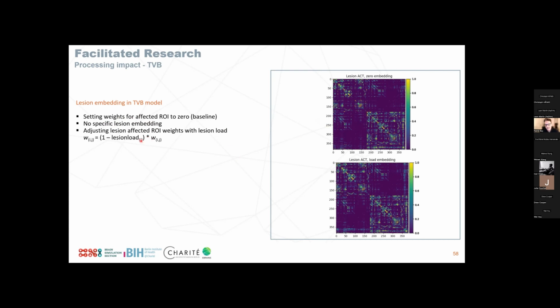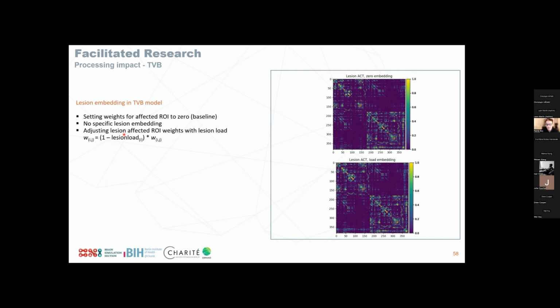And then the last approach was where we said, okay, we take the values that are given in our structural connectivity matrix and we update those with the information that we have about the lesion load. So if the lesion load is 100%, we weight the connectivity matrix by 1 minus the lesion load. So then it will be 0 because the full region of interest is encapsulated by the actual lesion. So it's very likely that it is at the core of the lesion and will actually not recover over time.